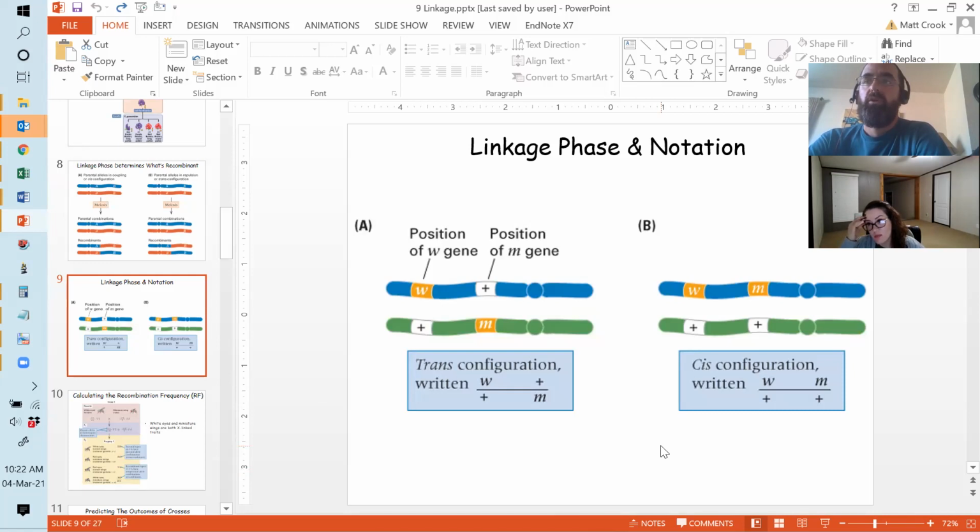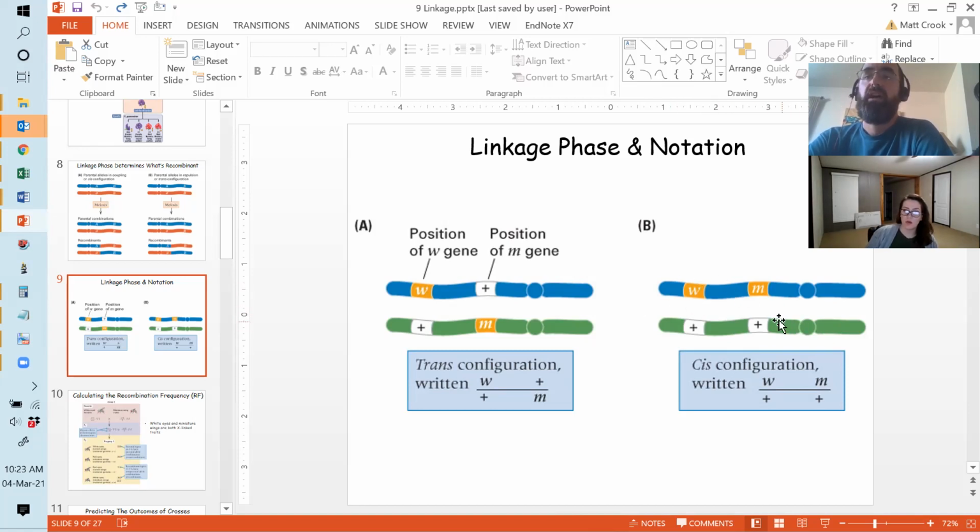Okay, so in lab we talked about how the flies that we're working with have this linkage phase. This is called cis linkage. If you say that they're in cis linkage, that tells you that obviously they're heterozygotes, because otherwise you'd never see recombination.